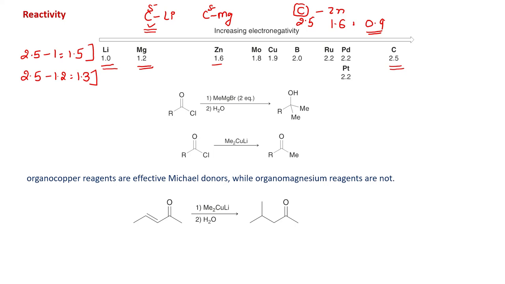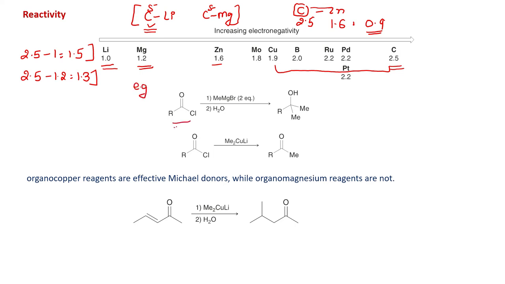So carbon-magnesium and carbon-lithium compounds have very high reactivity compared to carbon bonded with zinc or carbon bonded with copper.